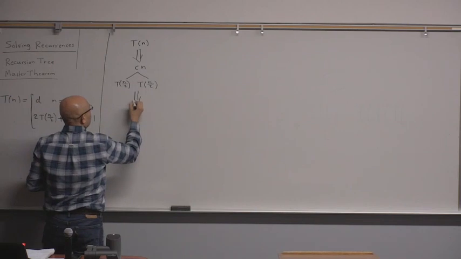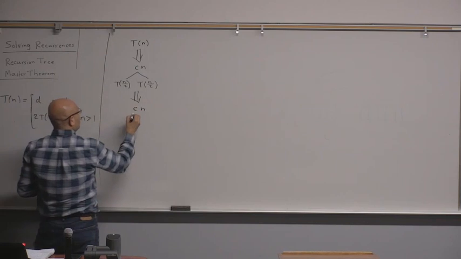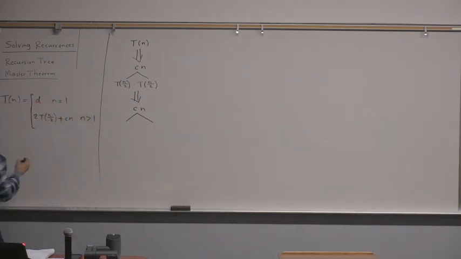So I can expand it further and say, okay, now this is going to be cn, and now I'm going to substitute for T of n over 2. What's T of n over 2? This tells you that T of x equals 2T of x over 2 plus cx. So substitute n over 2 for x. Let x be n over 2.